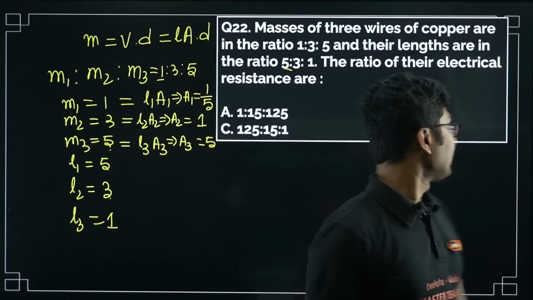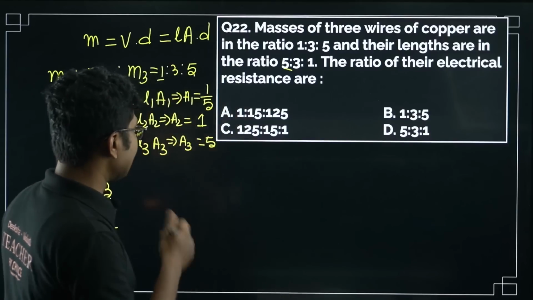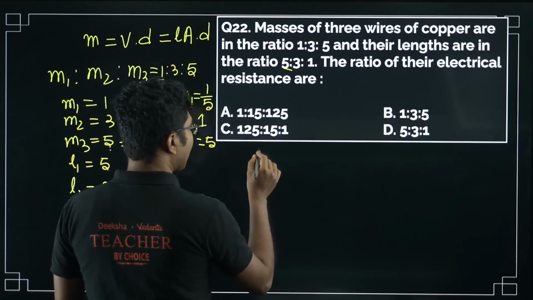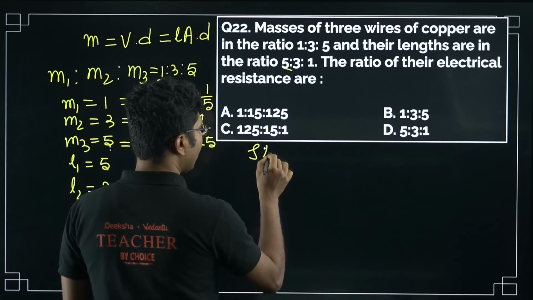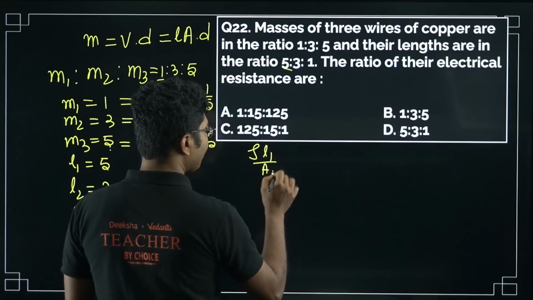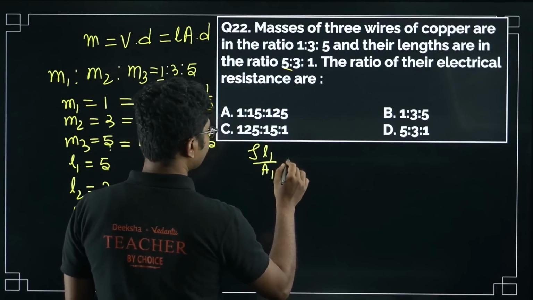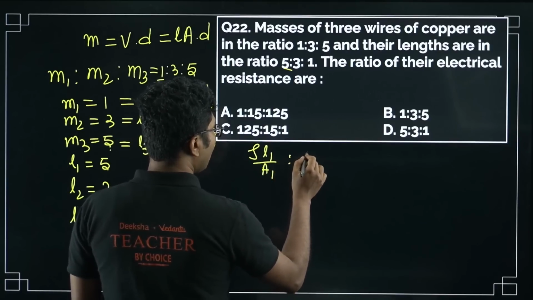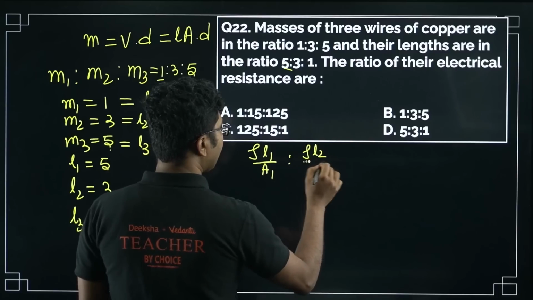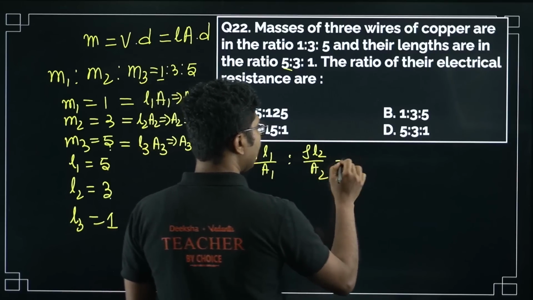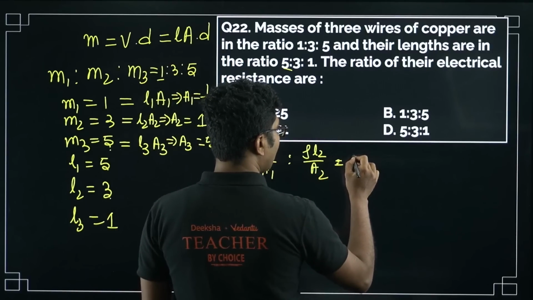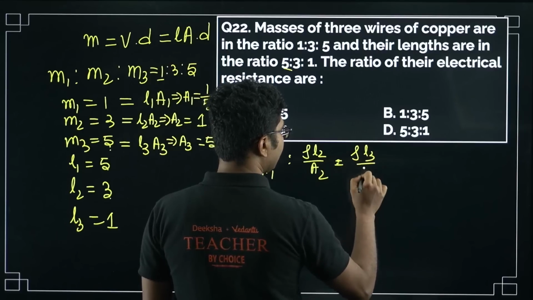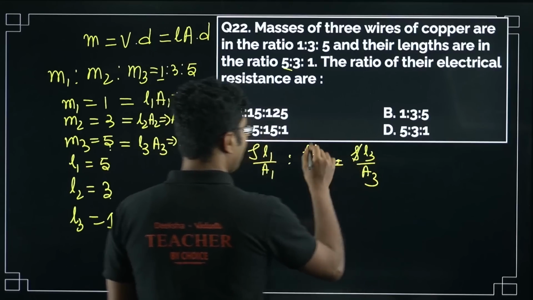Now we have to find the resistance. What is the ratio of resistances? Rho L1 by A1 is to rho L2 by A2 is to rho L3 by A3. Obviously rho will cancel.